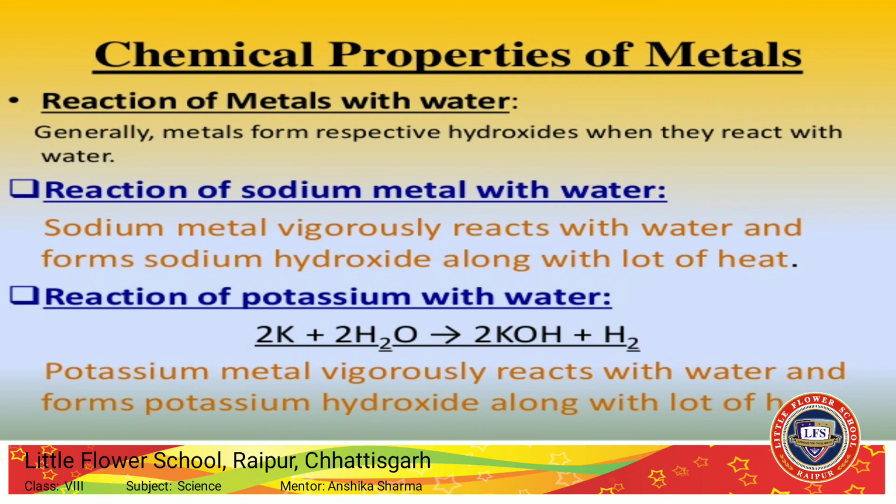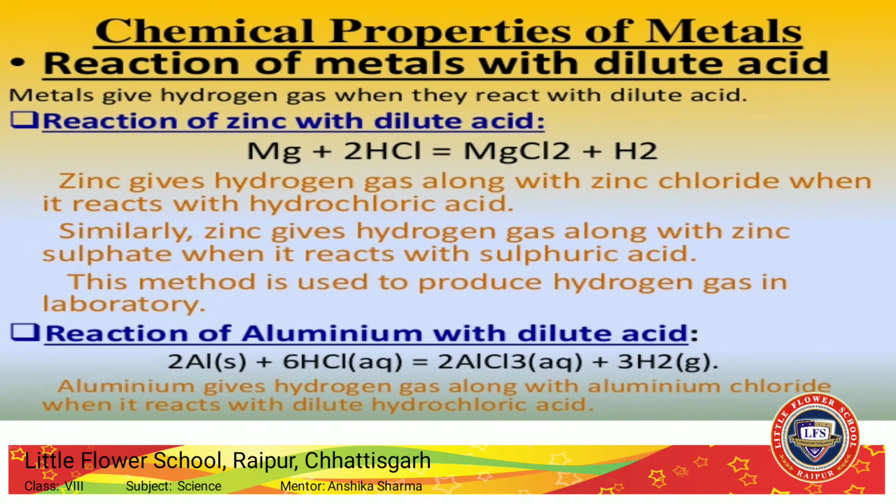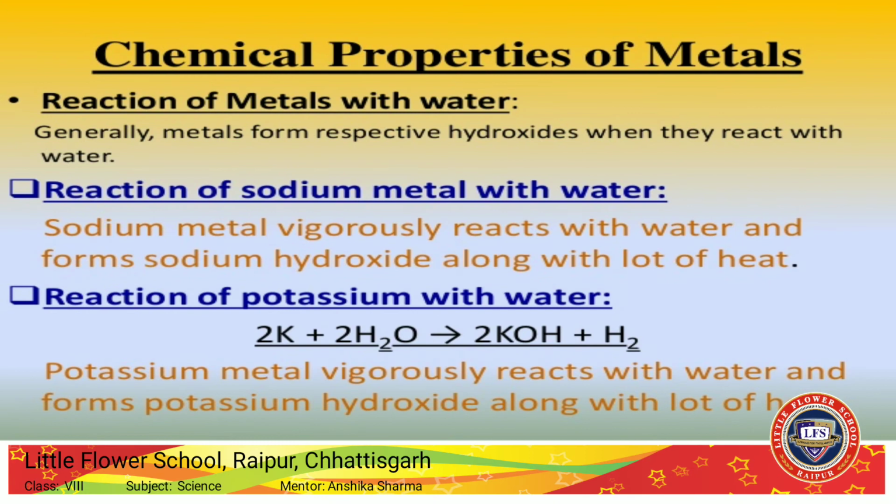Reaction of metals with water. When metals react with water, generally metals form respective hydroxide. Reaction of sodium metal with water. Sodium metal vigorously reacts with water and forms sodium hydroxide along with a lot of heat.